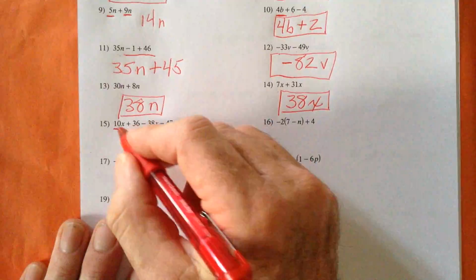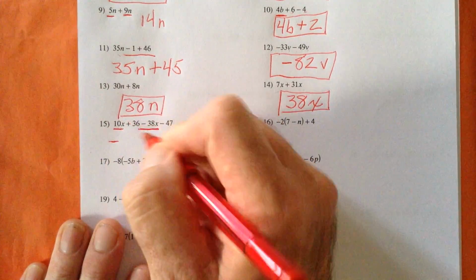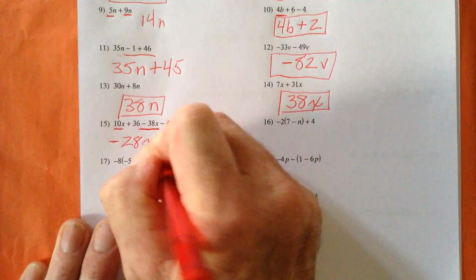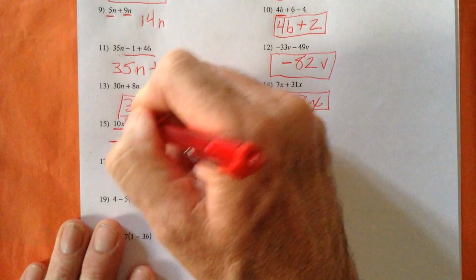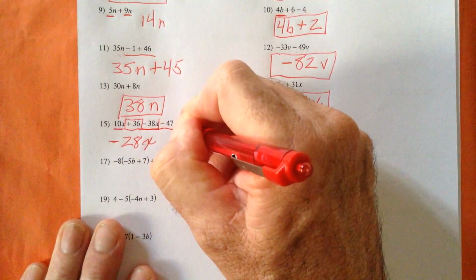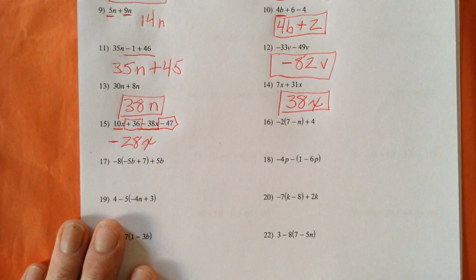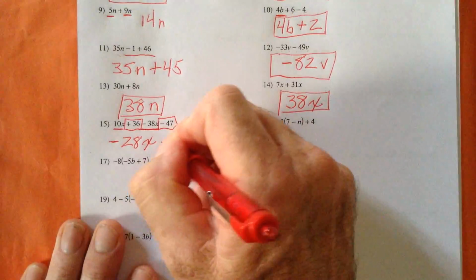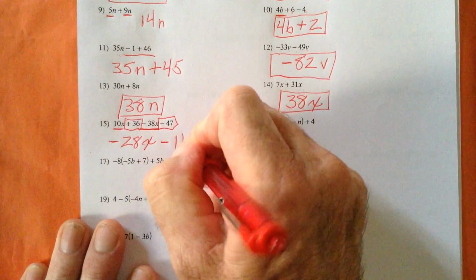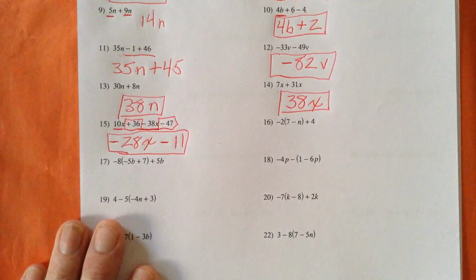So those two would be 10 minus 38, that would be negative 28x. And then I got this, positive 36 and minus 47. So 36 minus 47 will be negative 11. That'll be that answer. Okay?